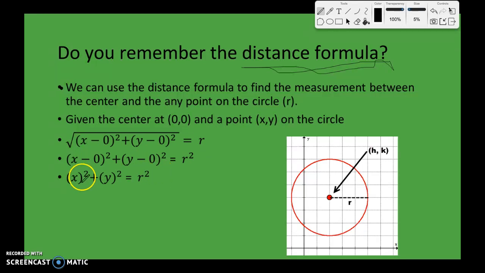Notice that in this case the center was at (0, 0), which means everything simplifies to x^2 + y^2 = r^2.